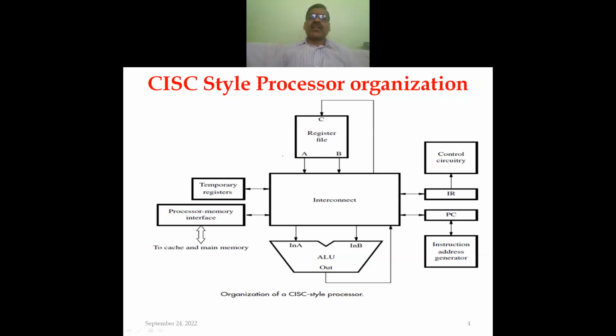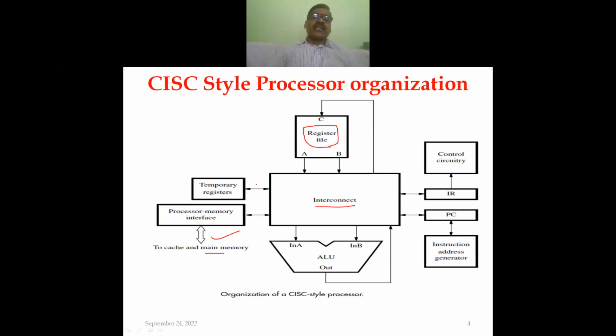Here we have a register file as usual, which we have seen in the RISC style processors. These registers have outputs A and B, which are given as input to the interconnect. Here we also have a processor memory interface, through which you can connect to the cache and main memory.